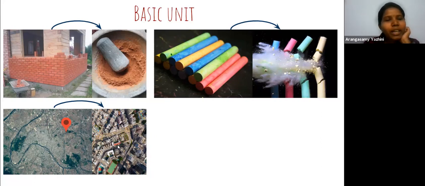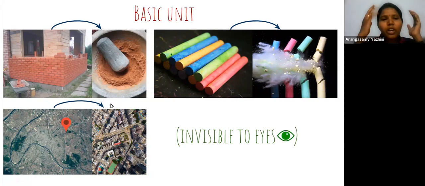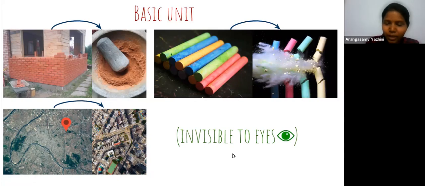What you can understand from each pair of figures is that from left to right, there is a visible object. When you look down and zoom in further, you see molecules that you are not even able to see. So every object is made up of a basic unit, and generally they are invisible to our eyes. This is common everywhere.